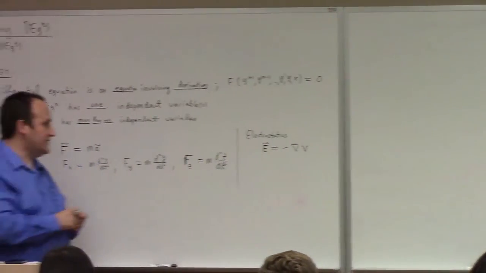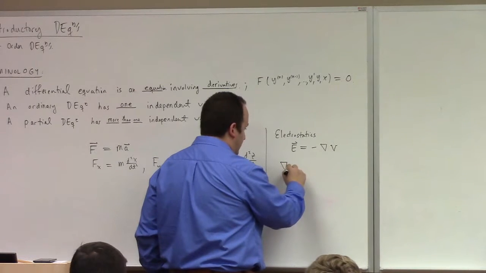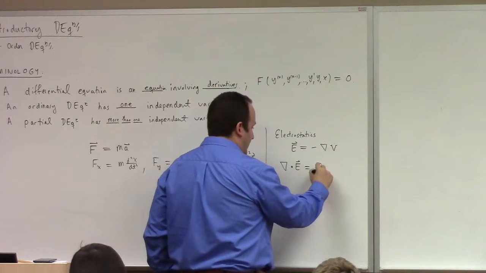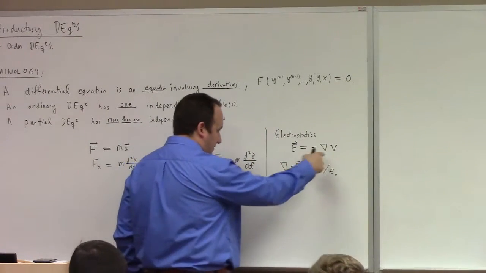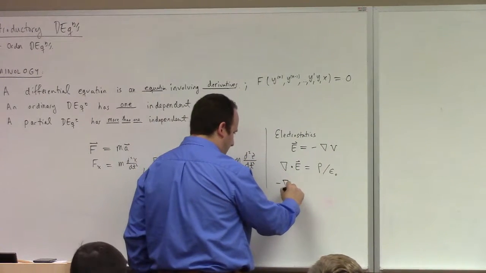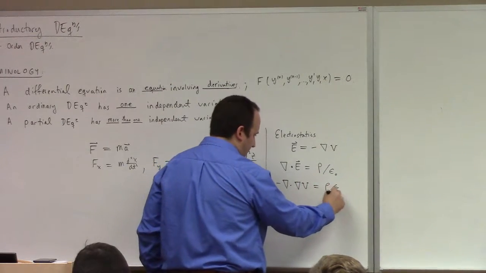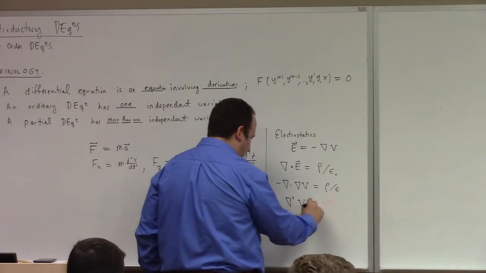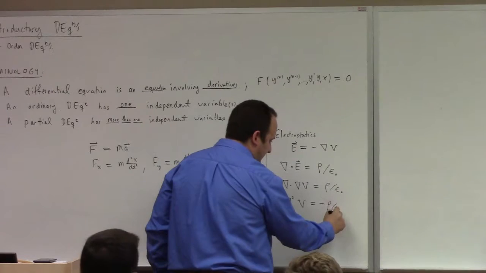Now, when you study electrostatics, you'll find out that the divergence of the electric field is equal to the charge density divided by the permittivity of free space. And when I plug the voltage into this, I get minus del dot del V equals rho over epsilon naught, or just cleaning things up a bit, the so-called Laplacian, del squared V is minus rho over epsilon naught, where epsilon naught is the permittivity of free space.